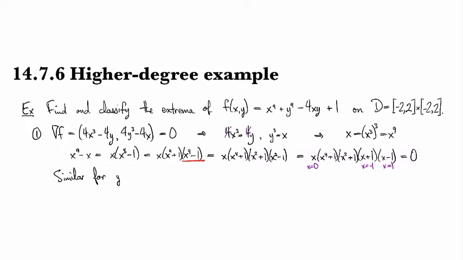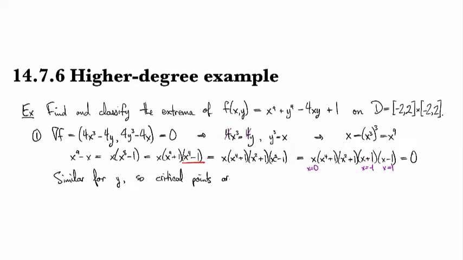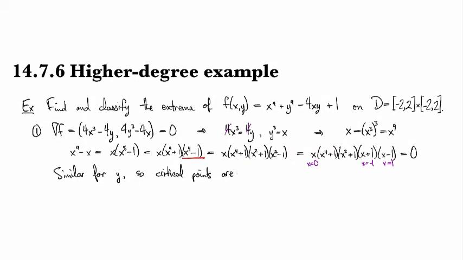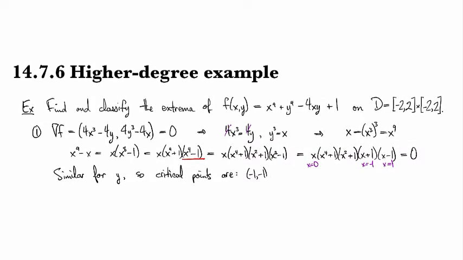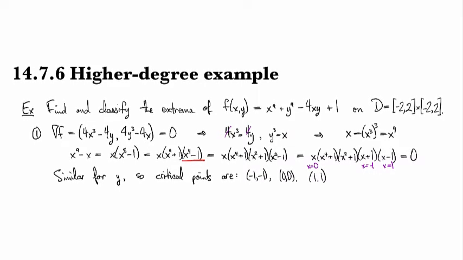So the critical points are going to be minus 1, minus 1, the origin, and 1, 1.